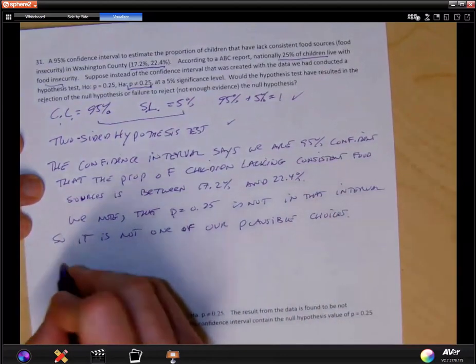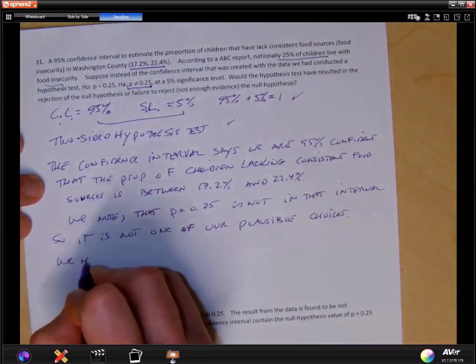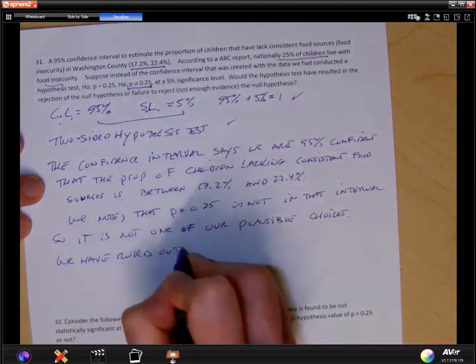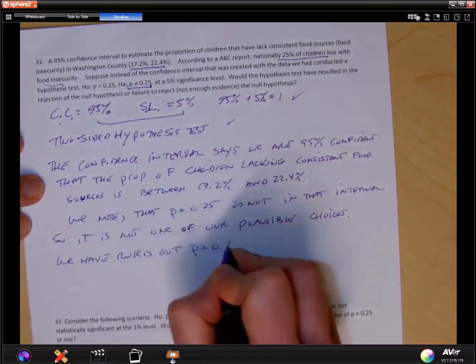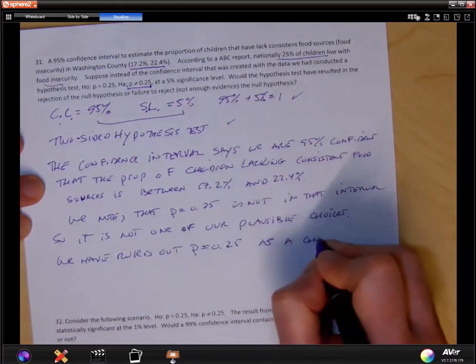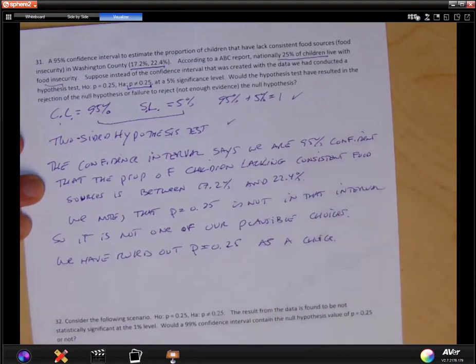In that case, we have ruled out p equals 0.25 as a choice. That's no longer a choice.